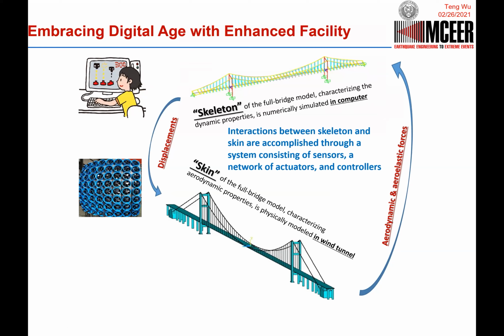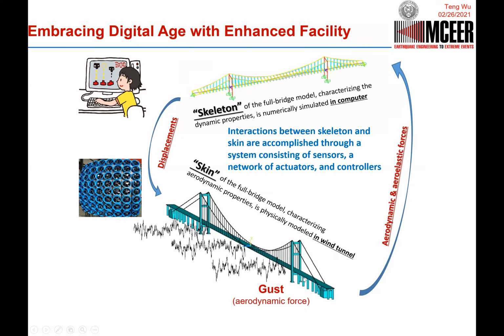So for the scheme, physically in the wind tunnel, first it has the gust wind-induced aerodynamic force on this scheme. And also it will have the motion-induced aeroelastic force on the scheme. And those two forces should be hybrid, or synchronized, at each time step.